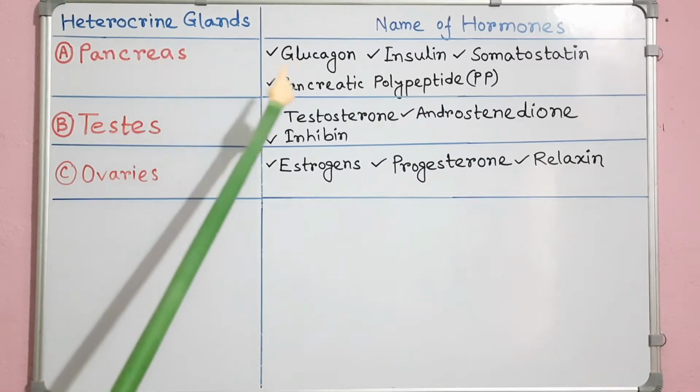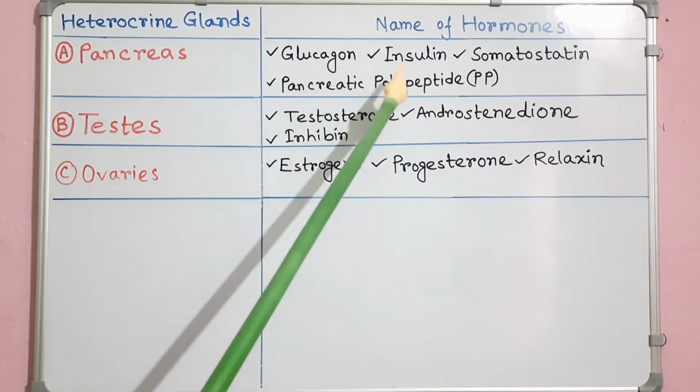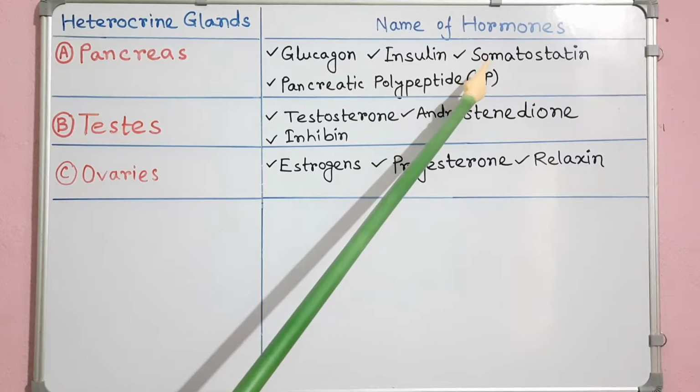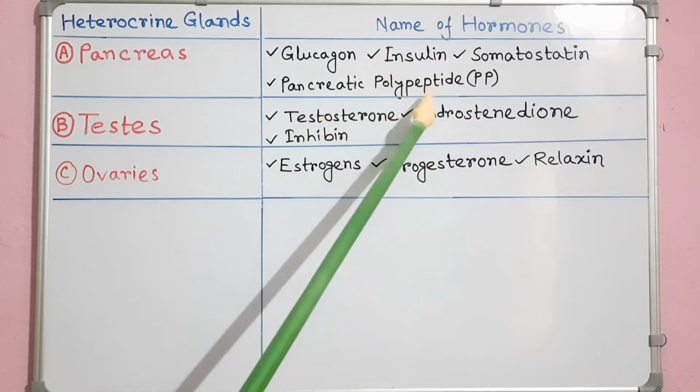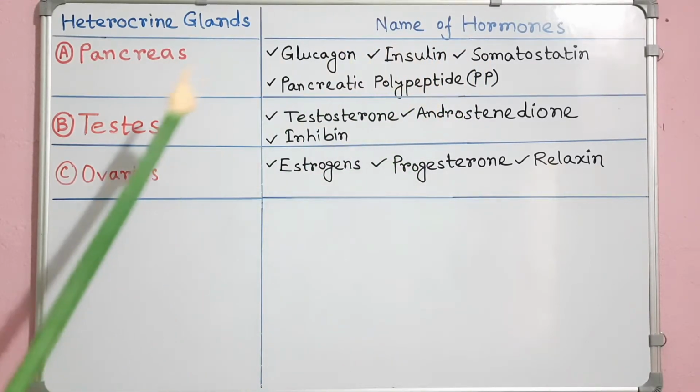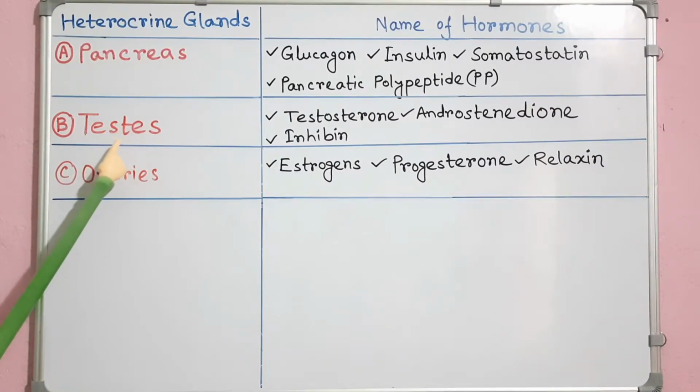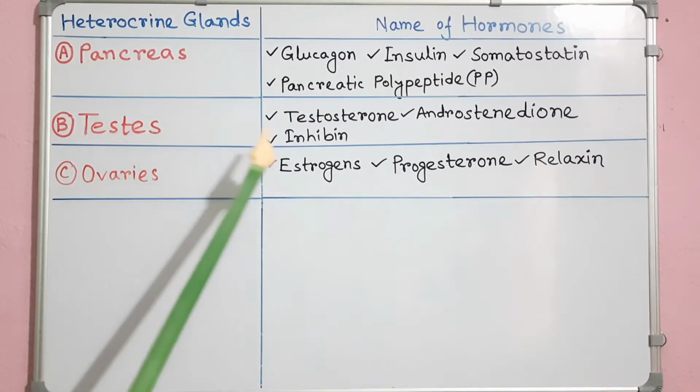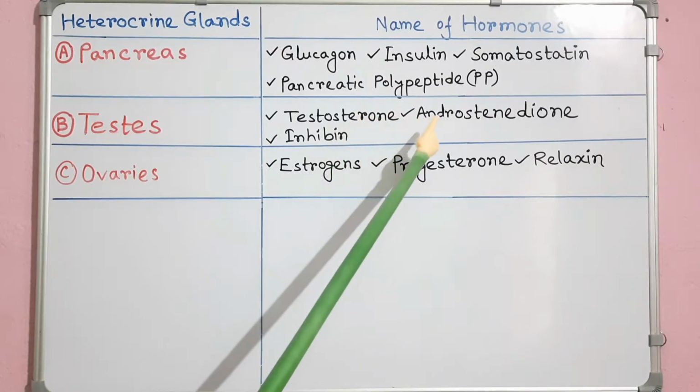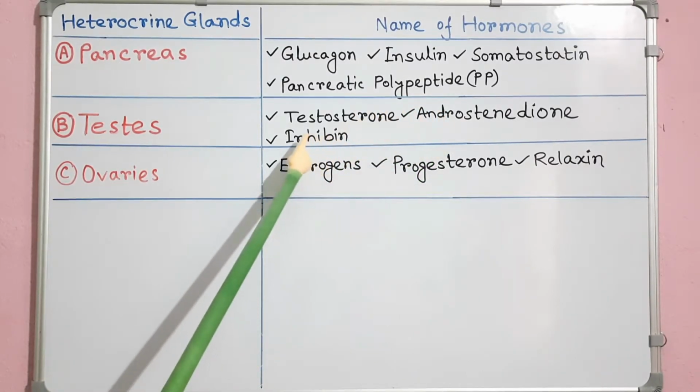The pancreas produces glucagon, insulin, somatostatin, and pancreatic polypeptide hormones. Testis in males produces testosterone, androstenedione, and inhibin hormone.